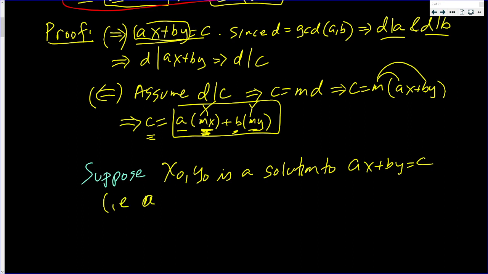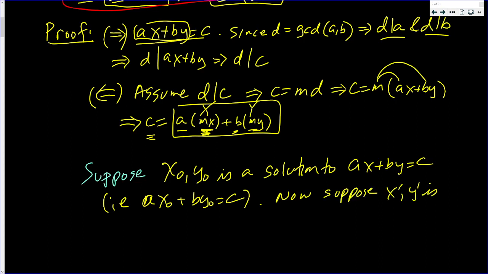That is, ax0 plus by0 equals c. Now suppose that x prime, y prime is another solution to ax plus by equals c.